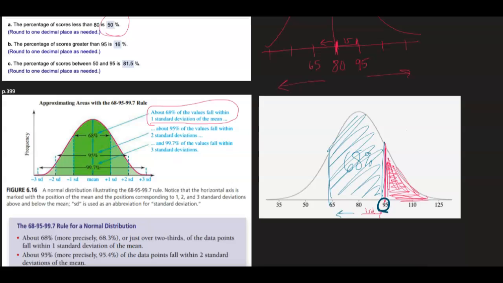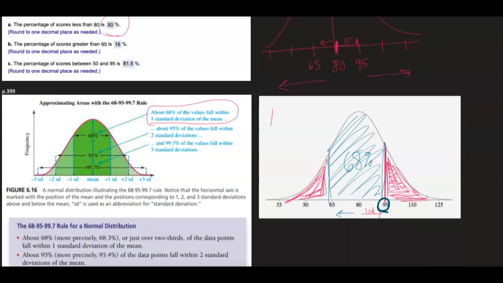But let's go back and use some symmetry and the fact that we know that 100% of the data is under the entire curve. So if 68% is here in blue, I'm going to draw here this also in pink to the left.